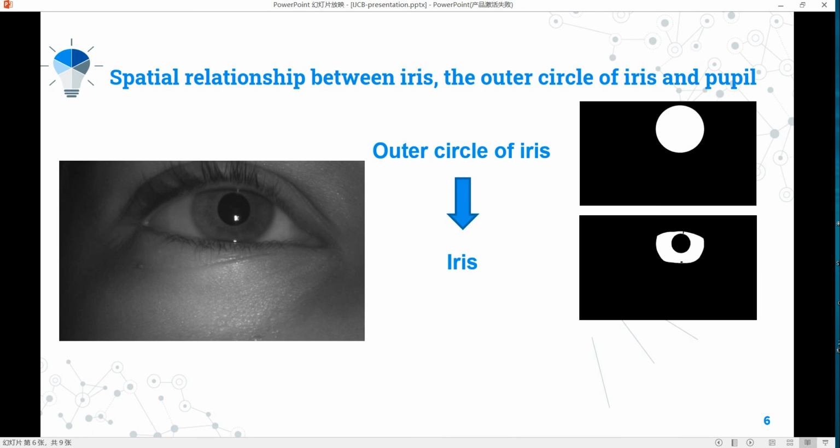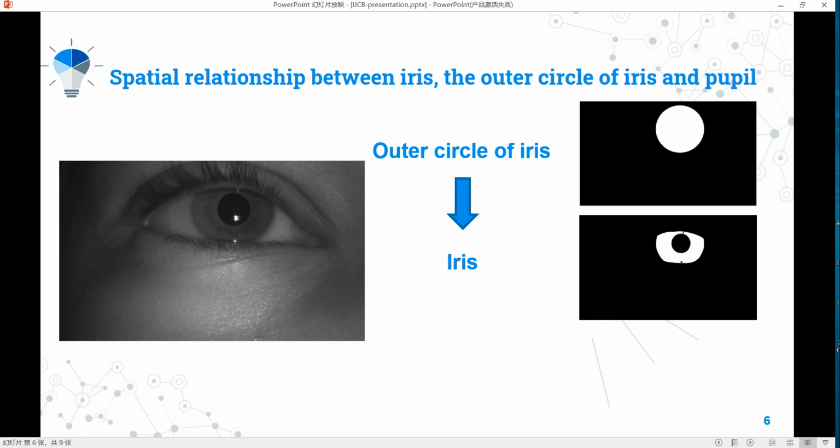We always believe that the 3 segmentation tasks of the iris, the outer circle of the iris, and the pupil should promote each other rather than accumulate each other, increasing the burden of the network. So we try to find the characteristics between them from space. We also find some simple connections between them.